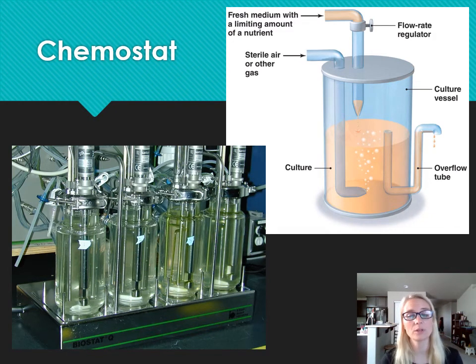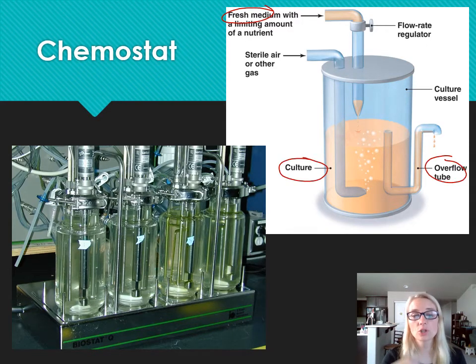Scientists have come up with what's called a chemostat. A chemostat is a device that allows you to add fresh medium, get rid of some waste, and keep your culture fresh and hanging out in that exponential phase indefinitely. So you are making your product.